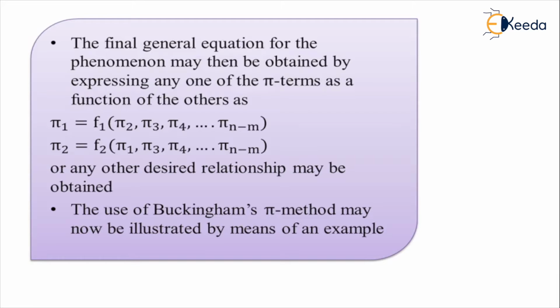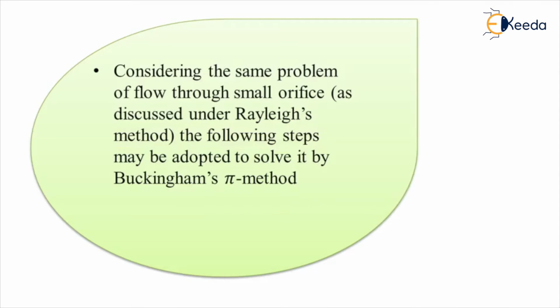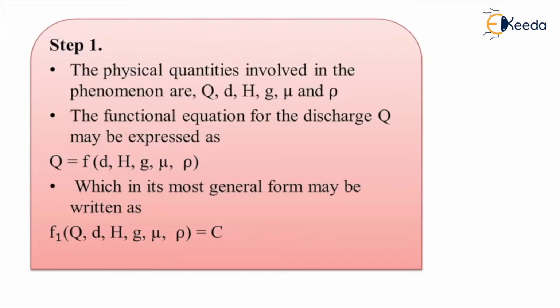Already we considered the same problem of the flow through small orifices, which we already learned under the Rayleigh's method. There are steps to adopt to solve by Buckingham's pi method. Here there is step 1.